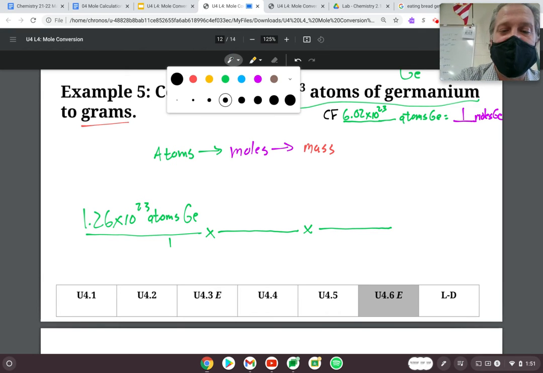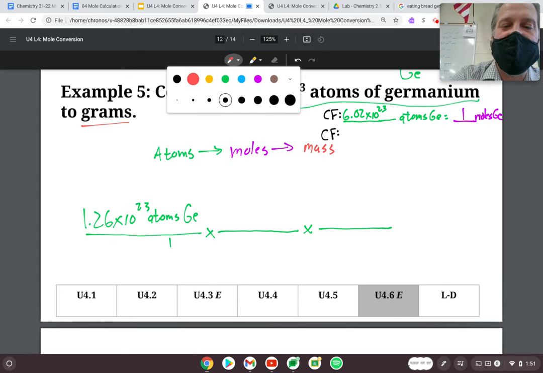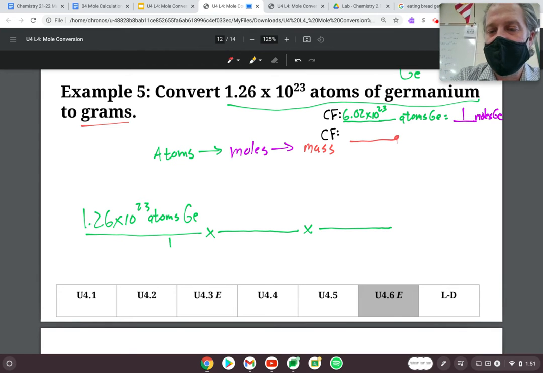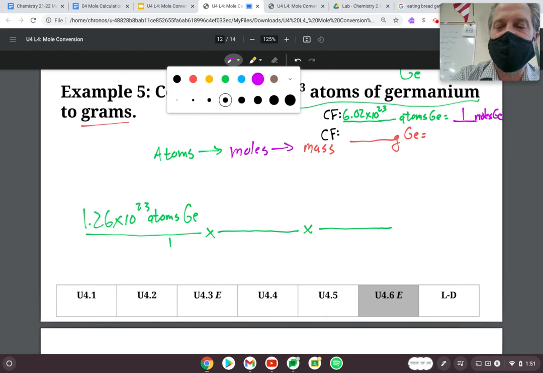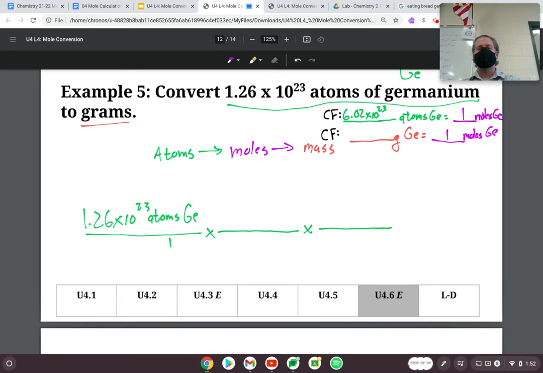The other conversion factor we're looking for is the relationship between mass, so grams of germanium, and moles of germanium. And like we just talked about a minute or two ago, we said that 1 mole of anything is equal to its average atomic mass in the periodic table.